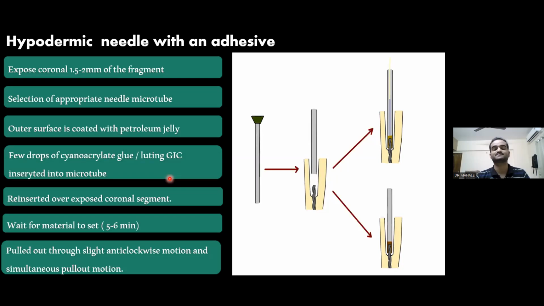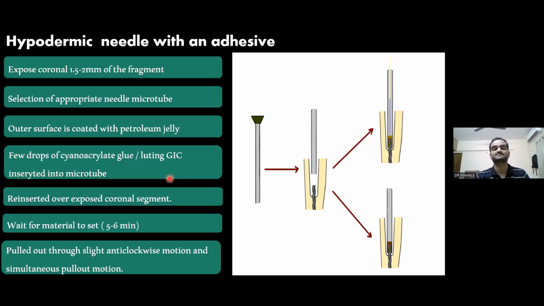Once you put this into the microtube, you can insert it over the exposed coronal fragment, and you can wait for the material to set. Once the material is set, the instrument can be pulled out in a slight clockwise and anti-clockwise motion with a simultaneous pull-out motion.